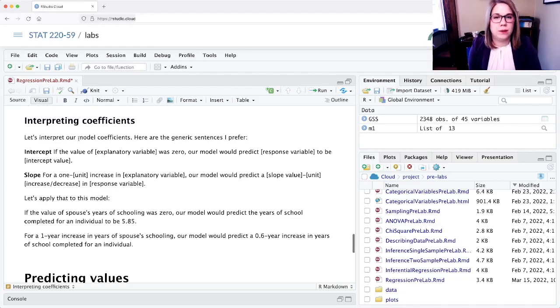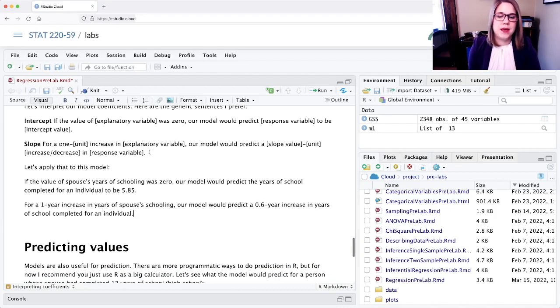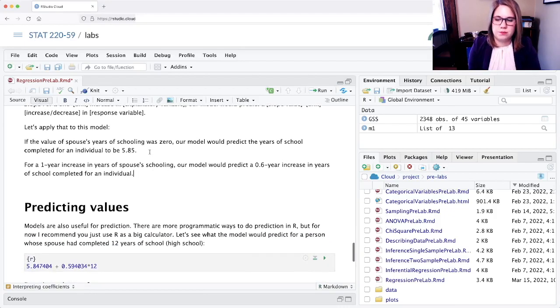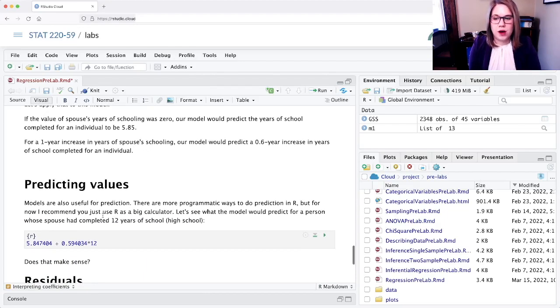So that's one thing that we might want to do with a linear model. Something else that we might want to do is to make a prediction. There are some programmatic ways to do prediction in R, but for now, I recommend you just use R like a big calculator.